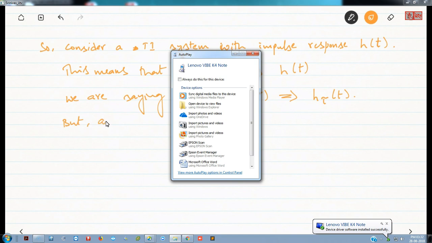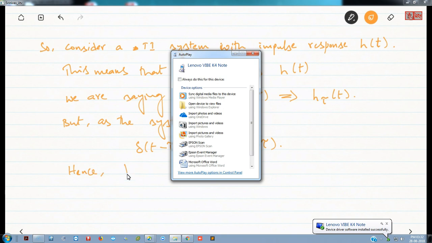But as the system is time invariant, delta of t minus tau should produce h of t minus tau.